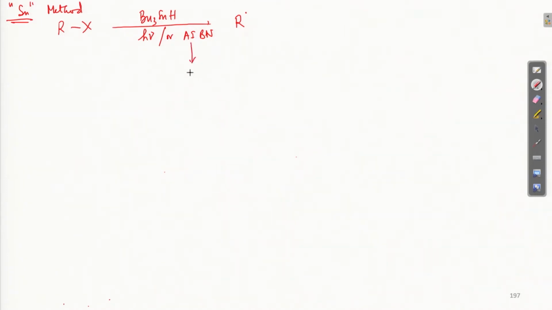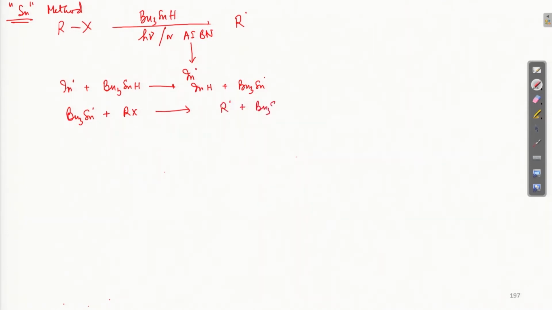AIBN gives the initiator radical, and that initiator radical reacts with tributyl tin hydride, and that forms the tributyl tin radical, and tributyl tin radical then reacts with RX, and then you get R dot plus tributyl tin halide, and then R dot reacts with tributyl tin hydride to form RH, plus Bu3Sn dot.